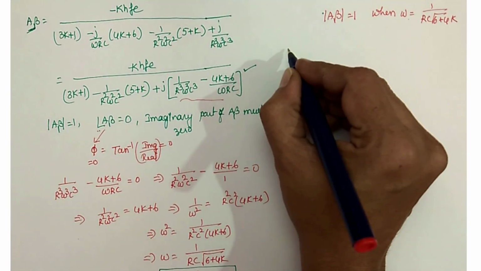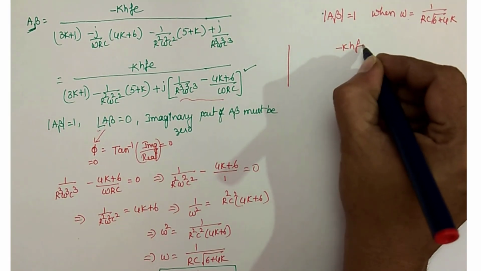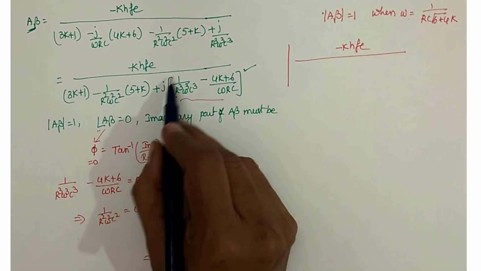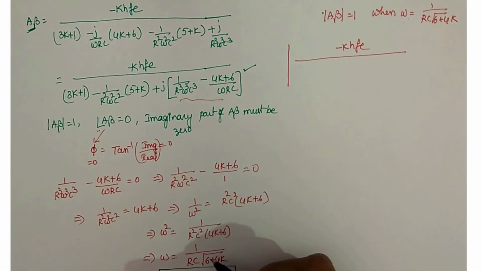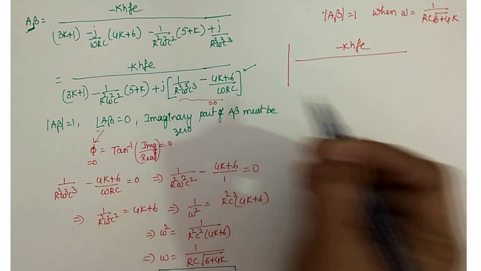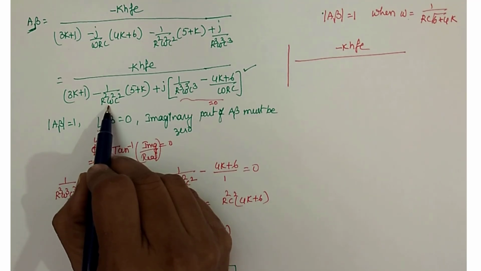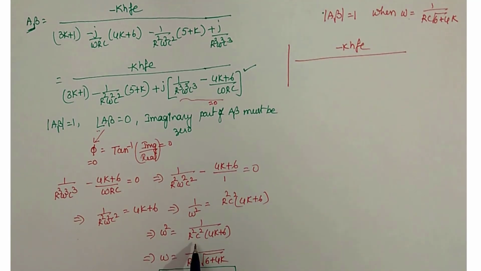So if you take the mod, minus kh of e by, this imaginary part is already 0. By that only we got the frequency. So it is 0. And then here in the place of omega square, you have to take this omega square.